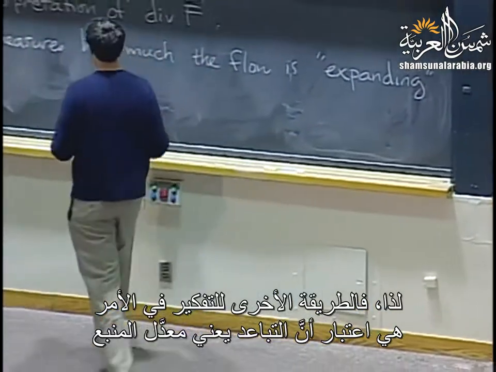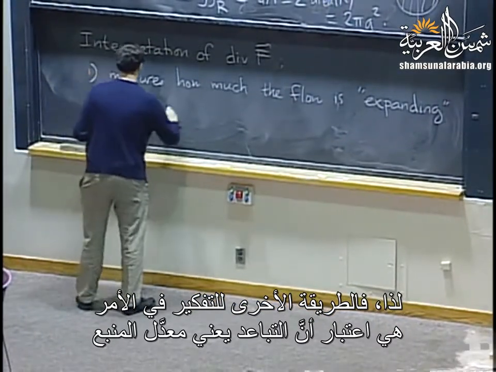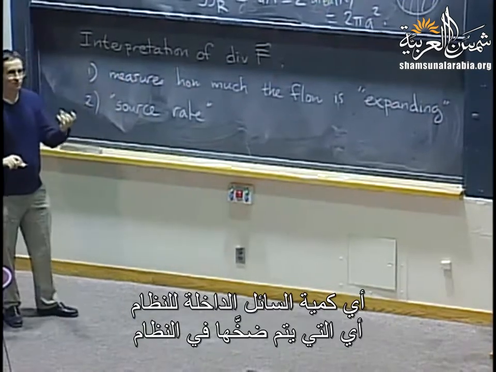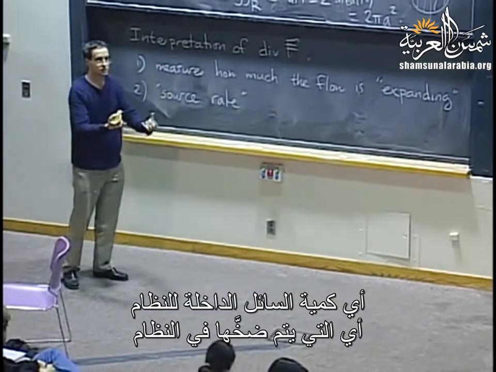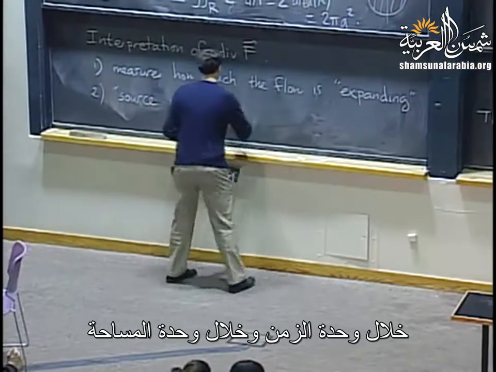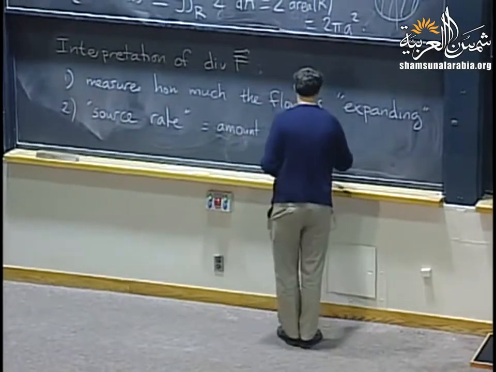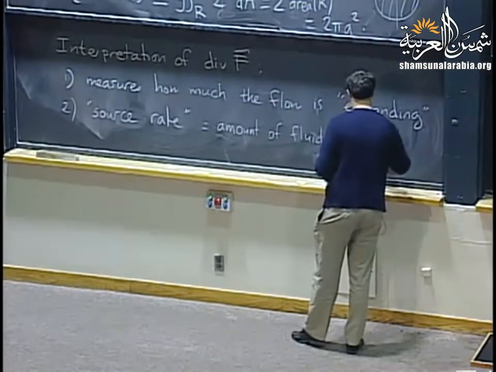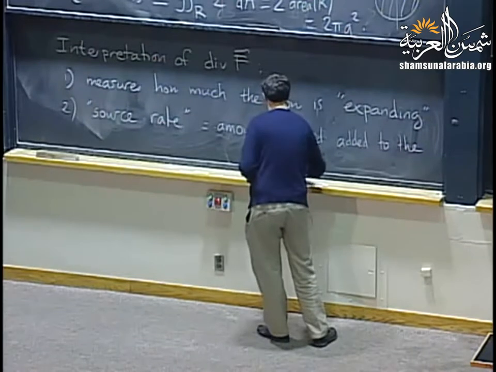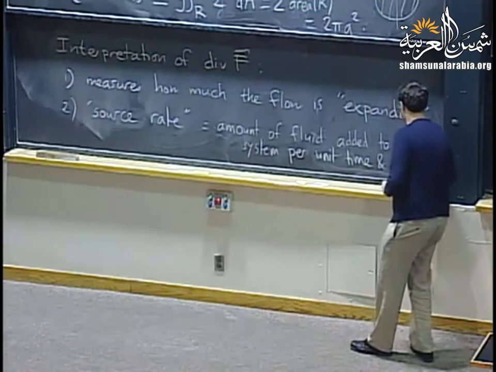So the other way to think about it is that divergence is the source rate. It's the amount of fluid that's being pumped into the system per unit time and per unit area.